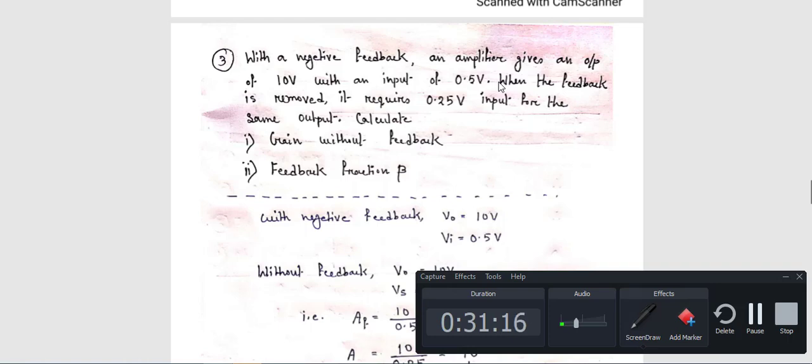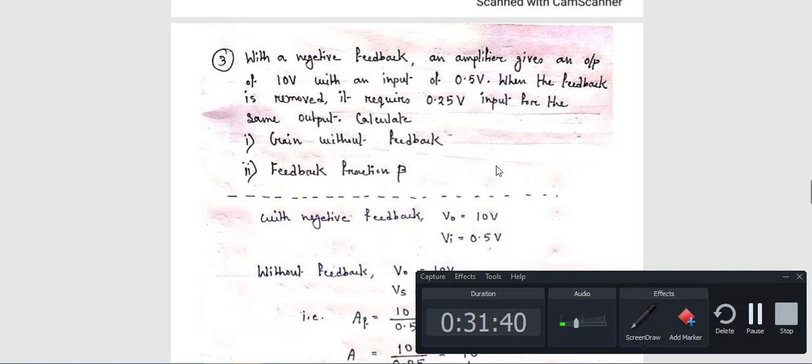After that you start your calculation. Here it is said that with a negative feedback, this is a negative feedback amplifier circuit. An amplifier gives an output of 10 volt. That means your output voltage with negative feedback, V0, is equal to 10 volt.